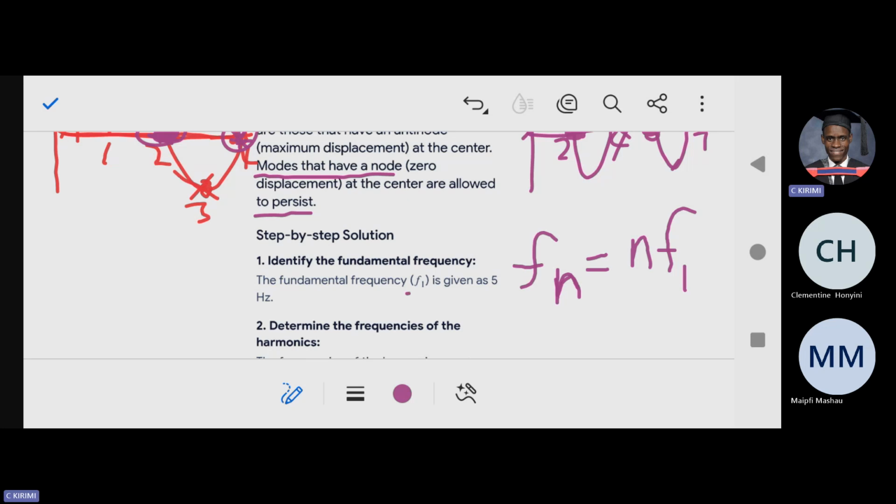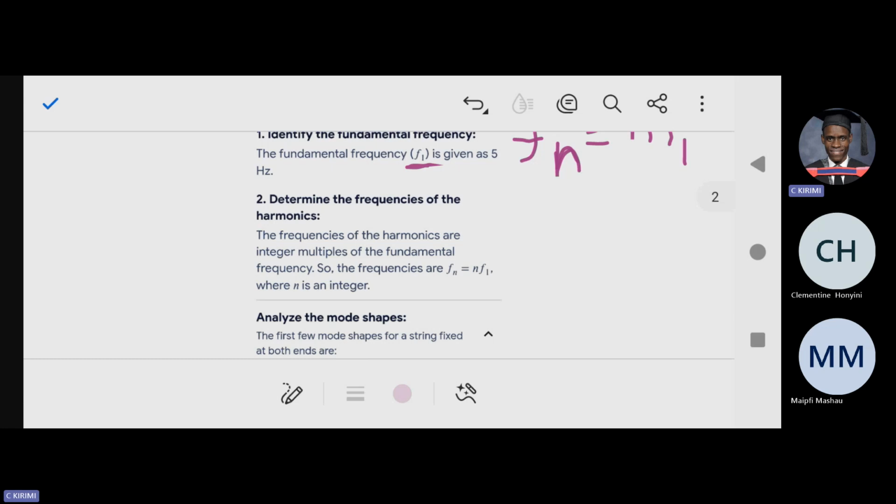That is the fundamental frequency. To determine the frequency of harmonics, this is the formula that we are using. The frequencies of the harmonics are integer multiples, meaning n cannot be 0. You mean integer 1, 2, 3, 4, etc. That is the value of n.